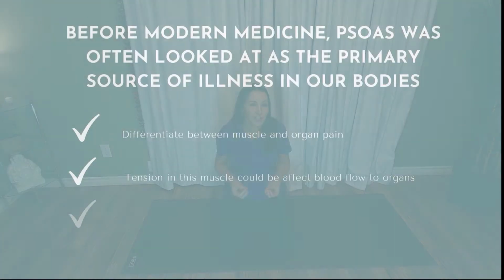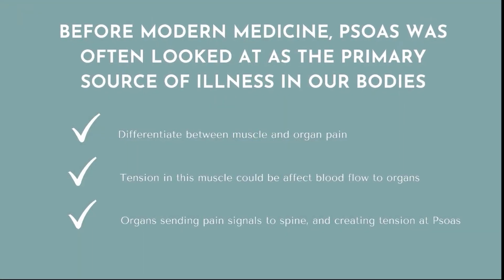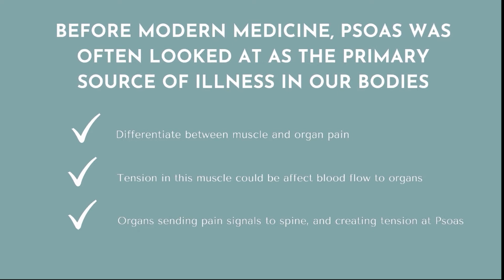Now, psoas is one of my favorite muscles of the body because before modern medicine, psoas was often looked at by the medical community as the source of a lot of illness in our body.